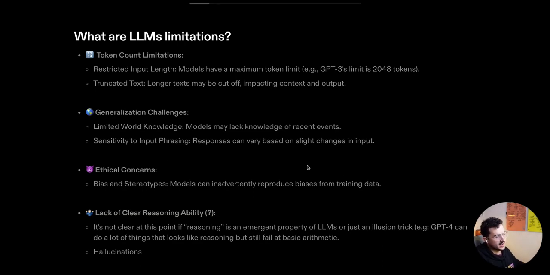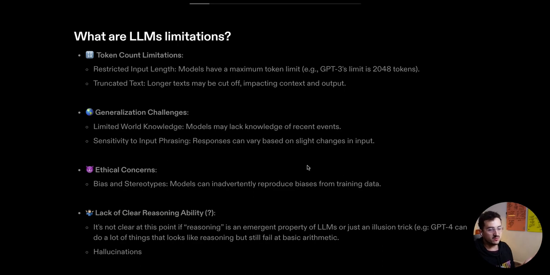Another one I have here is the lack of clear reasoning ability, and that one is kind of a quote unquote we don't know. We know this thing has emerging properties of reasoning and intelligence. We just don't know if it's mimicking intelligence or if it's really intelligent.